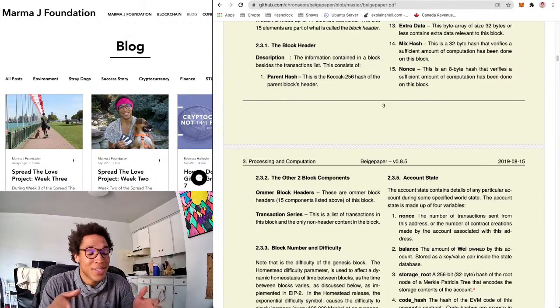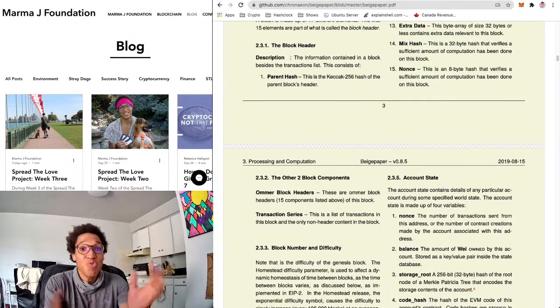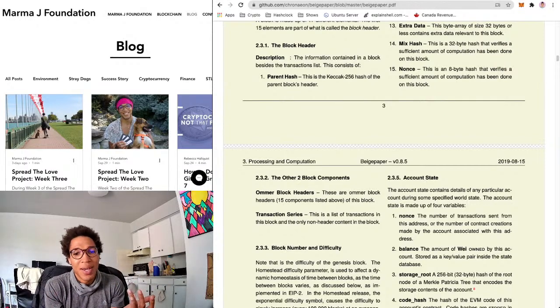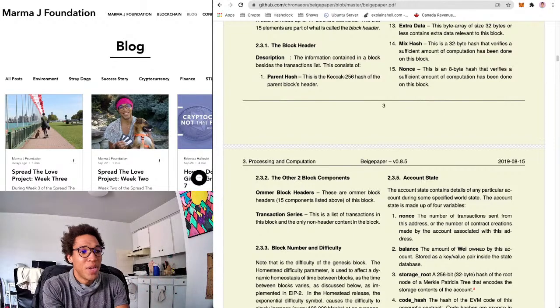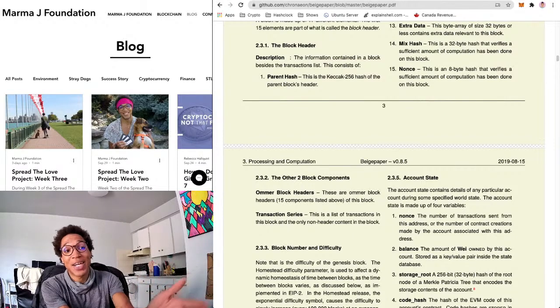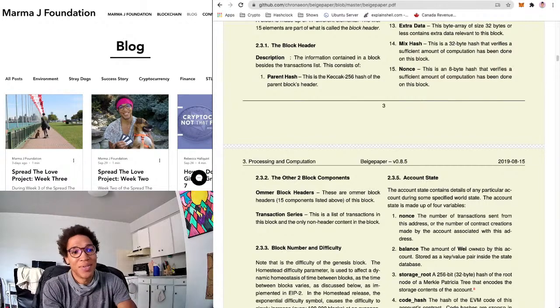But the idea is, if you're a miner and a big order is coming in to buy some ETH, you can order the transactions to put your order in front of it to buy a bunch of ETH first, and then put their big order in.